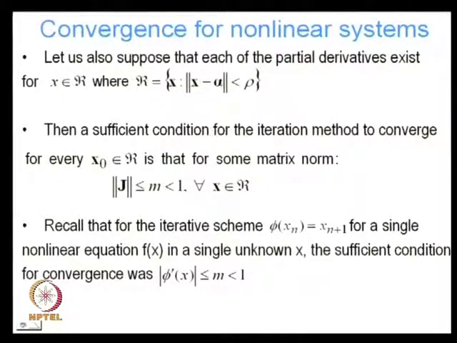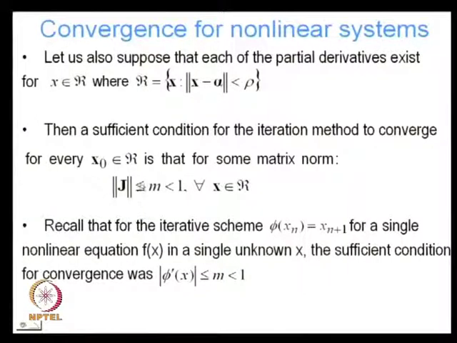Then a sufficient condition for the iteration method to converge for every x0 belonging to R is that for some matrix norm, the norm of the Jacobian matrix must be less than m, where m is a number less than 1. We looked at several definitions of matrix norms earlier in the course.